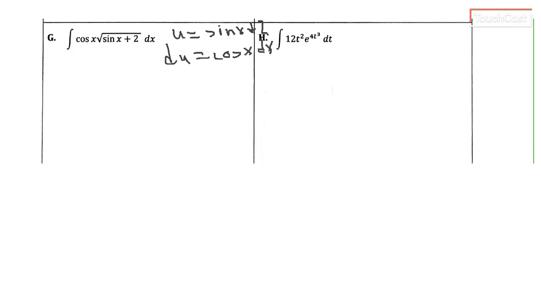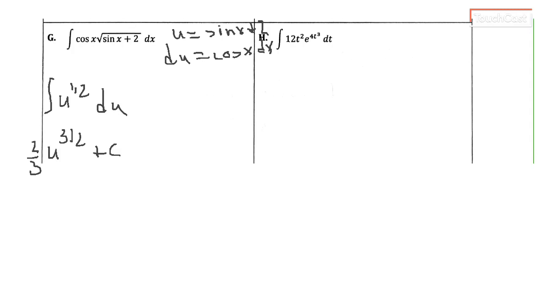Cosine x dx. So we can rewrite this integral as the integral of u to the 1/2 du, which means we're going to have u to the 3/2 times 2/3 plus c when we take the integral.